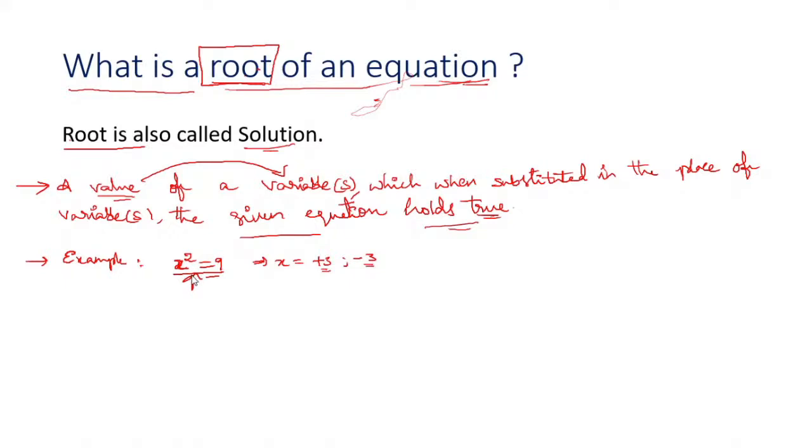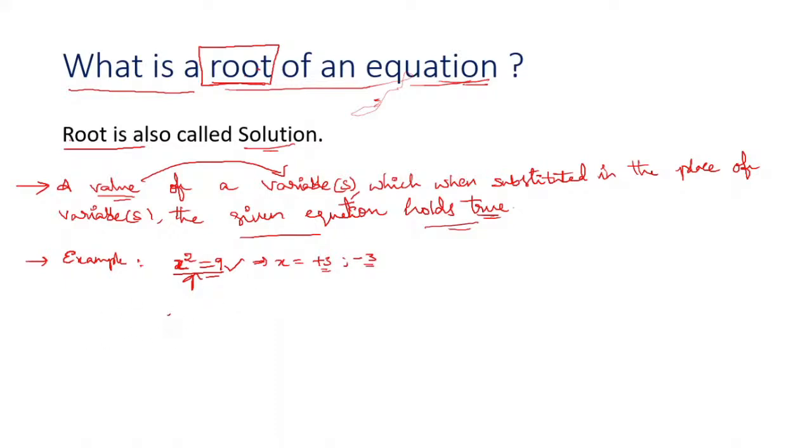So this equation holds true. Likewise, if we substitute minus 3, minus 3 whole square is also 9. So we can say that these two are the roots of this equation x square is equal to 9, because when we substitute these two values in the place of x, this equation holds true.